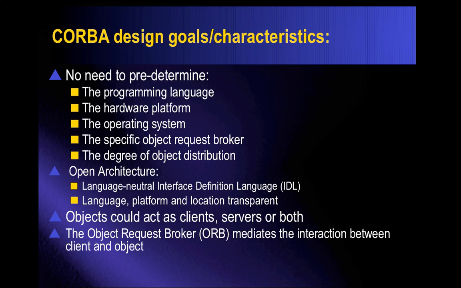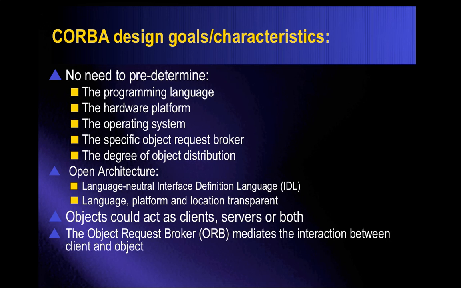Okay, so what did CORBA do in terms of its design goals and characteristics? Well, you just install the platform, and then you pick out the programming language. Now you don't do that. You can't do that. If you're going .NET, you cannot program in Java. So part of the standard goal was to make it programming language independent.